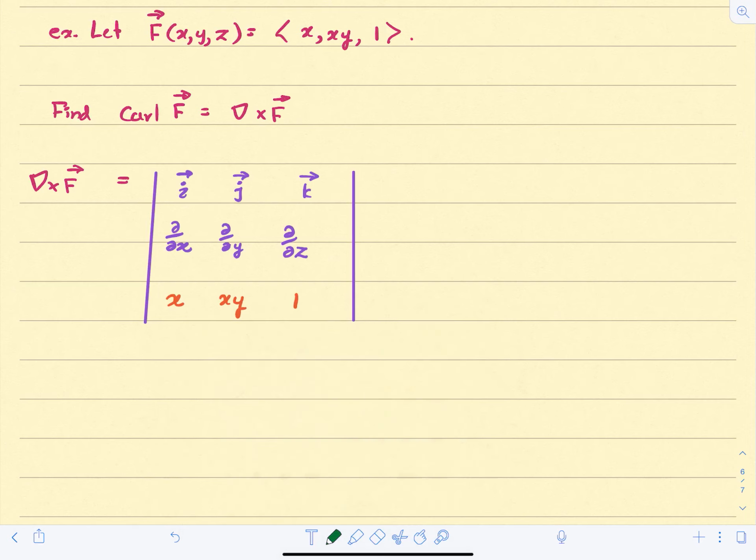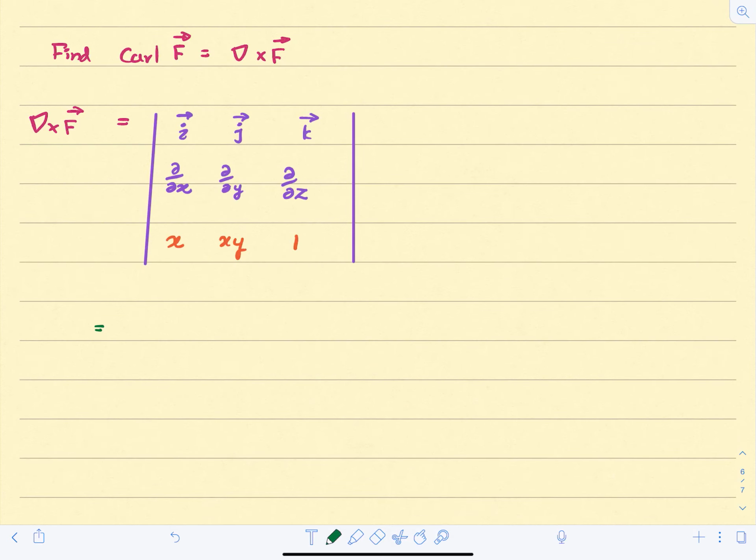So now we get partial over partial y of 1 minus partial over partial z of xy times vector i. The second one is a negative quantity.